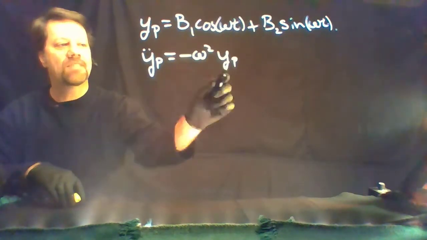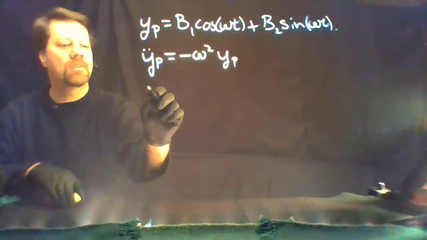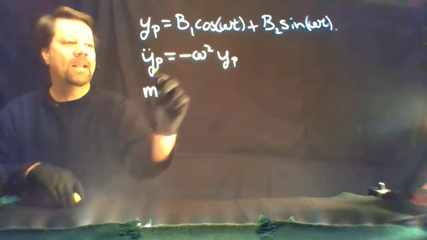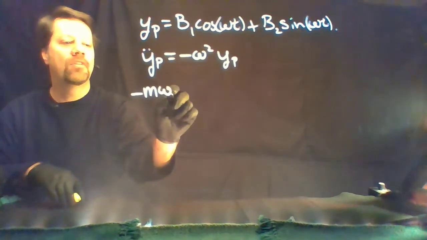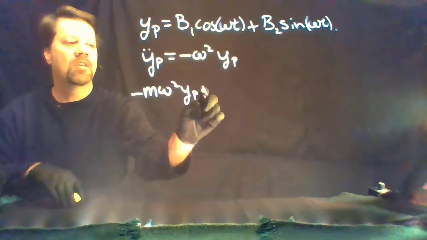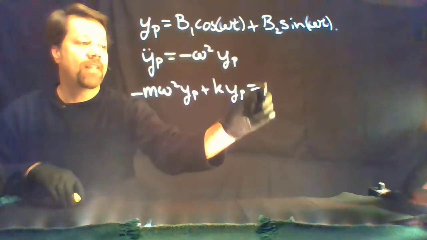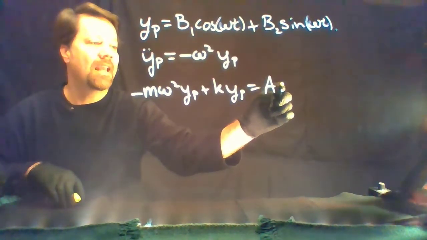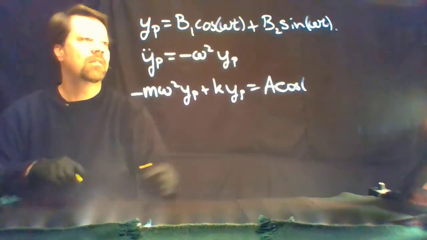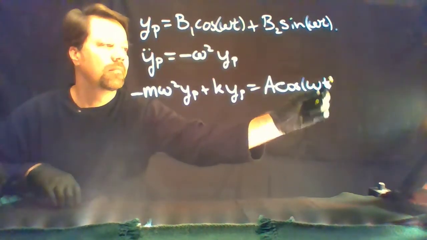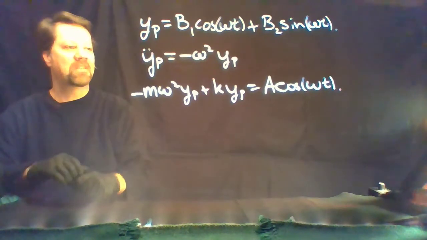So plugging this fact into the differential equation, we get m times negative omega squared yp plus k times yp, all of that supposed to be equal to A cosine omega t.